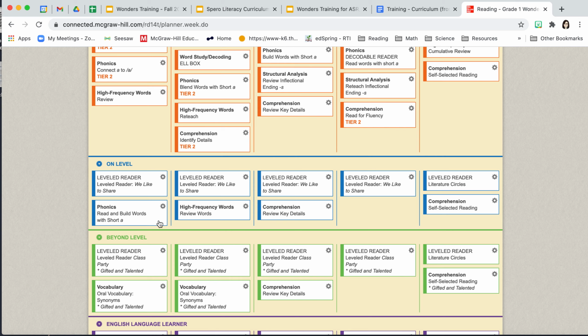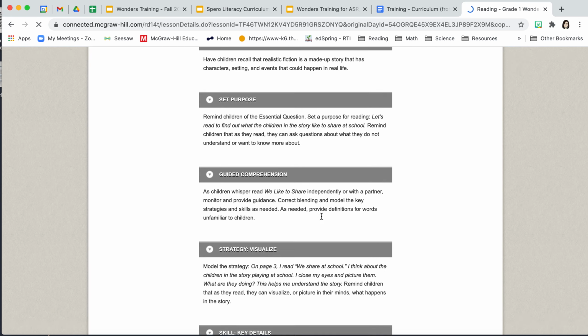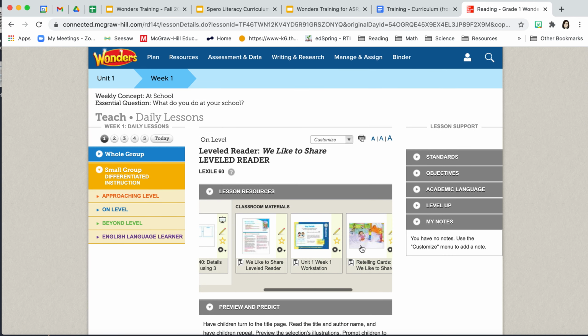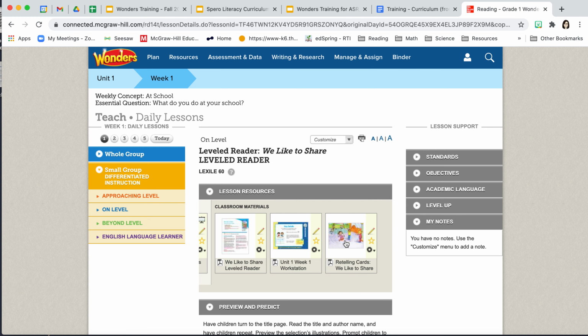And you can see they've got leveled readers on here, which we can click on. They've got lesson plans. If you move over, you can just slide on over. We've got a lesson plan for that particular book. We've got some workstation activities and some big retelling cards for that book as well, which I really, really liked.